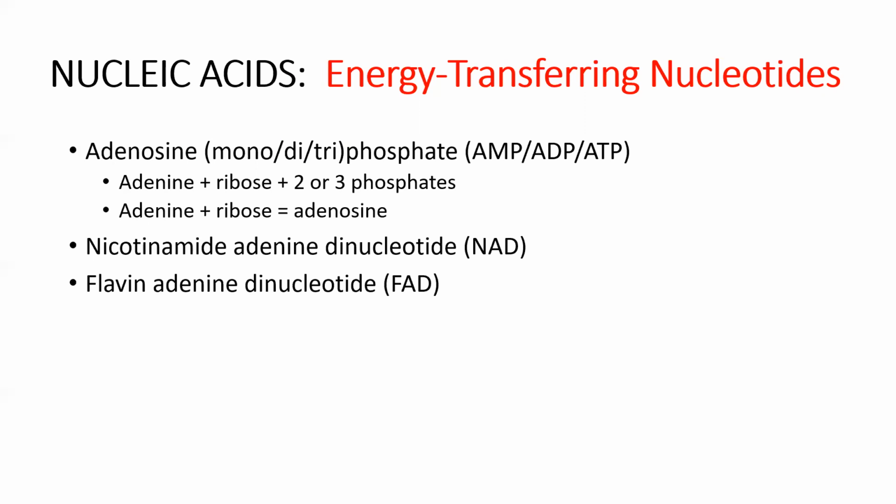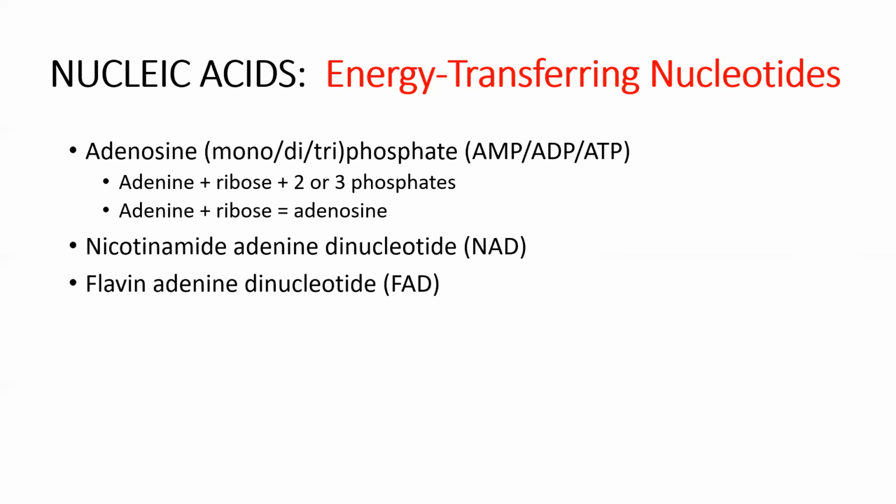We also have nicotinamide adenine dinucleotide, which is NAD, or flavin adenine dinucleotide, which is FAD. These are other energy transfer molecules. We're also going to speak about them as part of cellular respiration. And these can basically shuttle electrons throughout our cells. So NAD and FAD can be reduced.